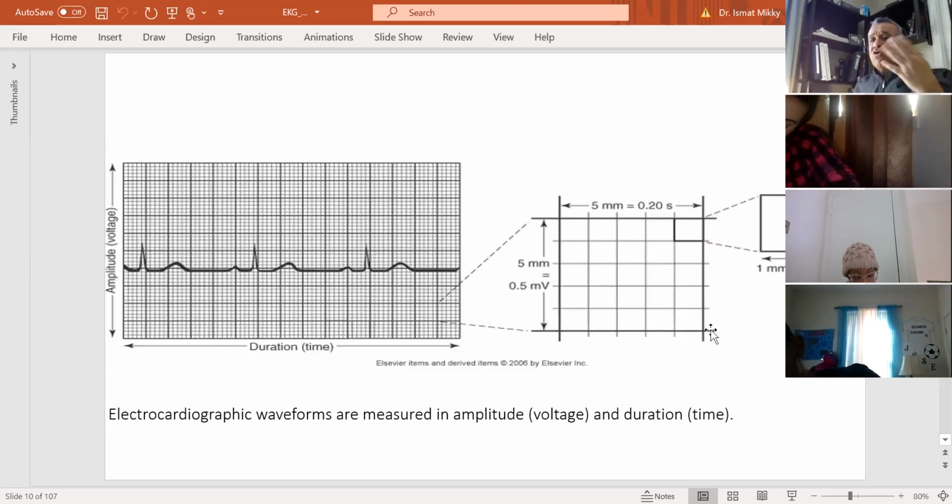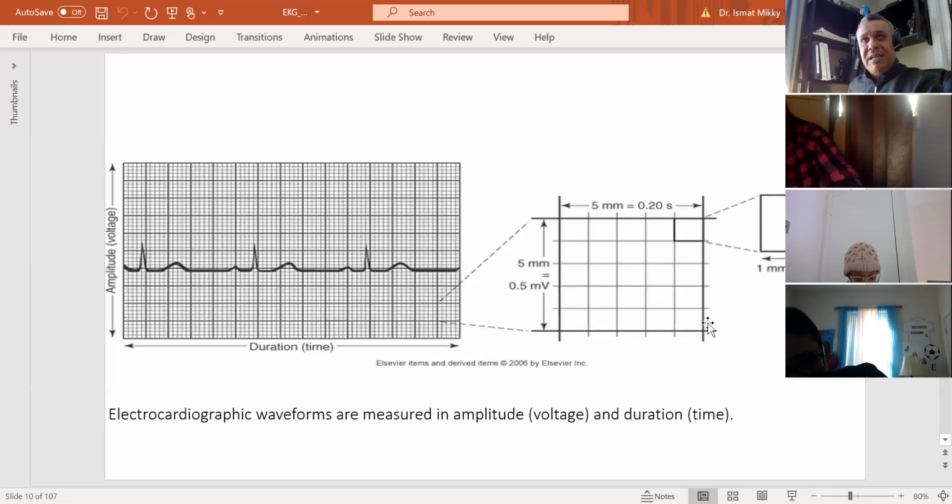Like patients with hypertrophy of the myocardium, the impulse will be heightened and exaggerated, and we'll see a tall, high peak, let's say a tall R wave in the QRS, or a high voltage or amplitude for the P wave, which is abnormal.